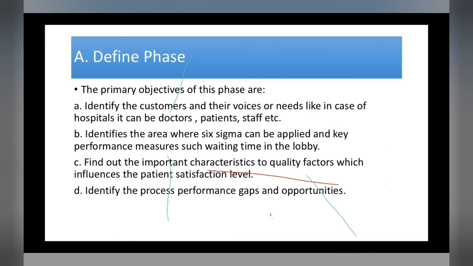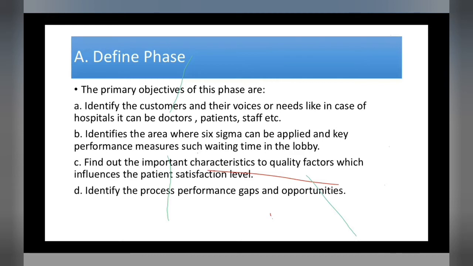In how many occasions are they getting the report after 4 hours? Number of instances where they are getting the report after 4 hours divided by total number of possibilities. So you can calculate this, and you can convert this into defects per million opportunities and ultimately to 6 sigma.